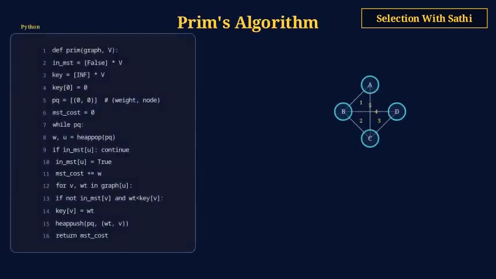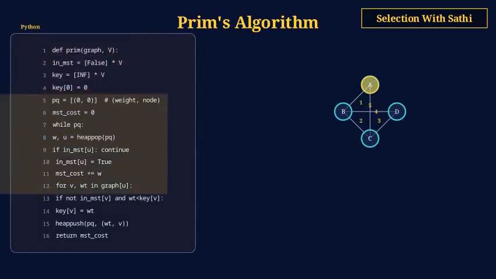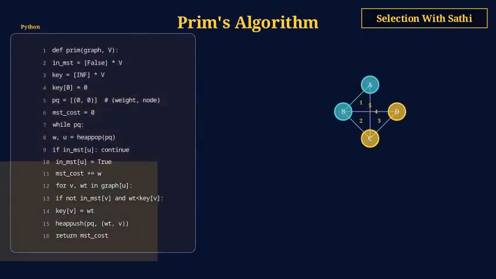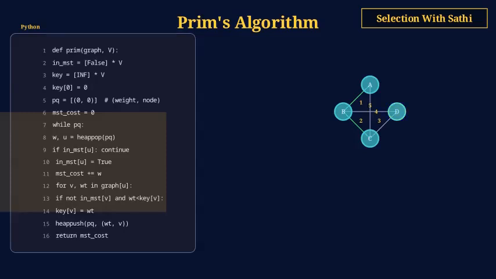Prim's algorithm takes a vertex-centric approach, growing the MST from a single source. Look at line 5, we start with vertex 0 in the min-heap with weight 0. Line 8, pop the minimum weight edge from the heap. Lines 9 and 10, if the vertex is already visited, skip it to avoid cycles.